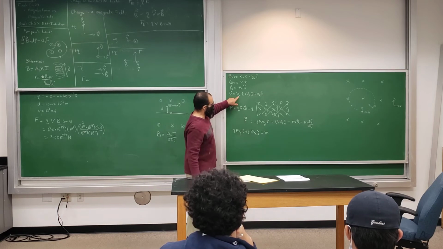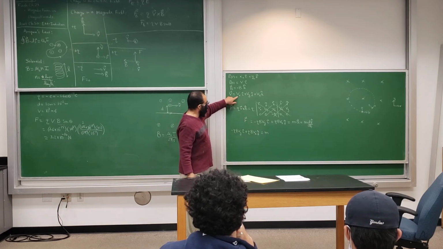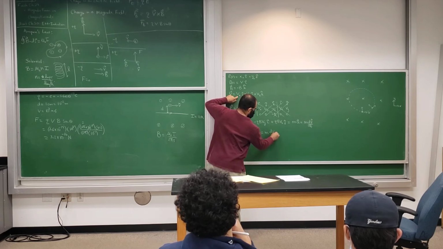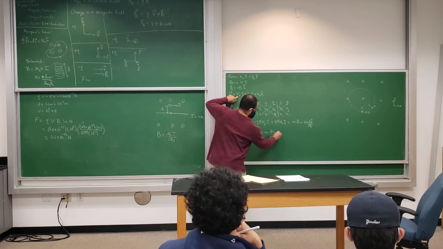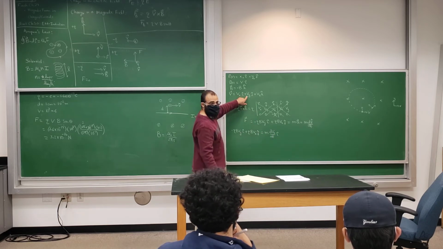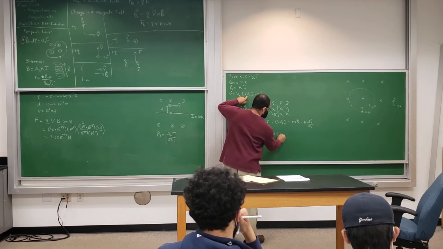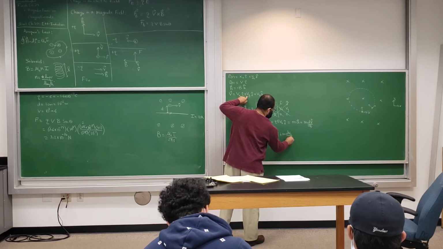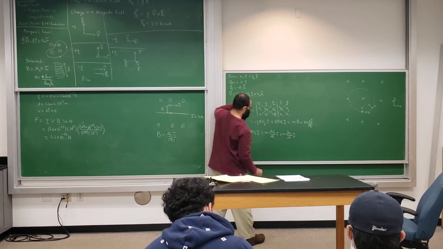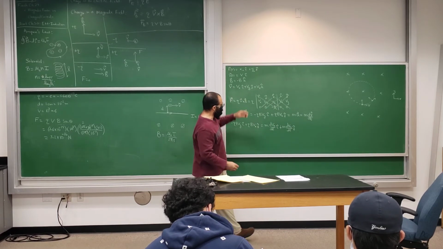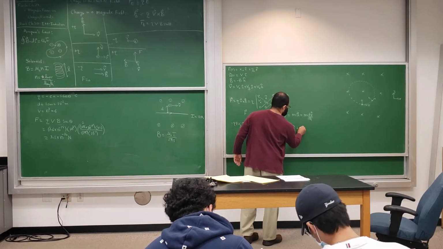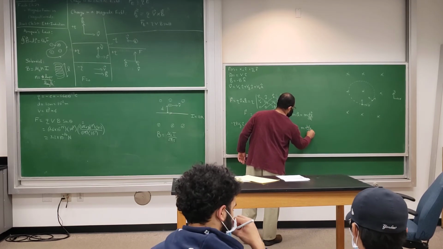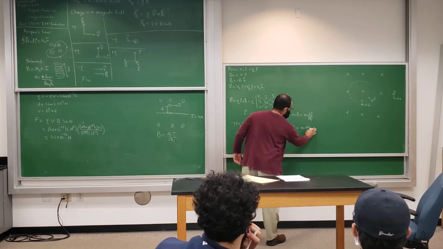Take the derivative of this: you get m dVx dt i hat, and then the derivative with respect to time j hat, so m dVy dt j hat, and then the z component plus m dVz dt k hat.